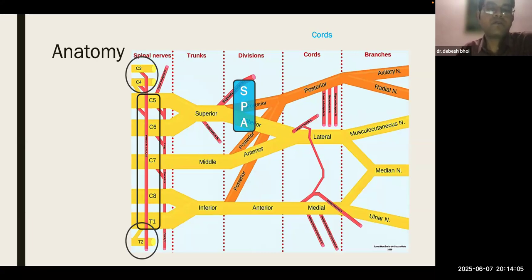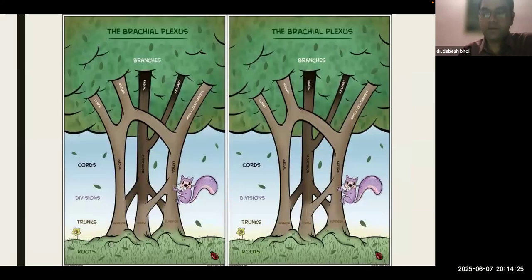The suprascapular nerve takes origin from the superior trunk, and the arrangement is the suprascapular nerve laterally, then the posterior division and the anterior division. This is the arrangement seen in the ultrasound appearance when you do scanning. This is a simplified version of the brachial plexus, showing how the roots are formed, that is the cervical nerve roots from C5 to T1.